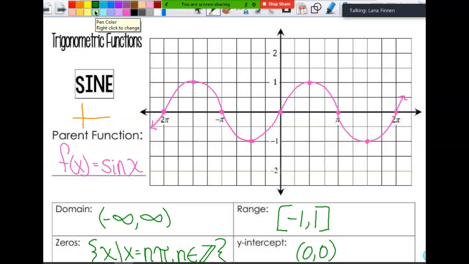For one cycle of sine, it looks like this, okay? And you have 5 points that are important. They're the 3 zeros here, this 1, and this -1. So when we start doing transformations, those are your anchor points, and then we transform those. Okay, those are your 5 important points for sine.